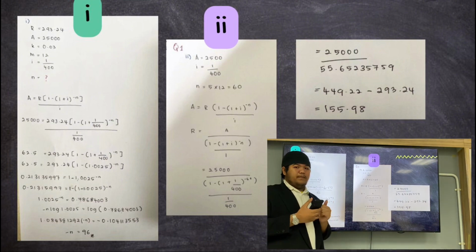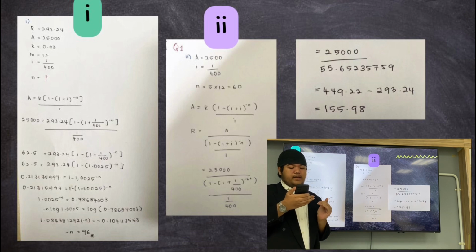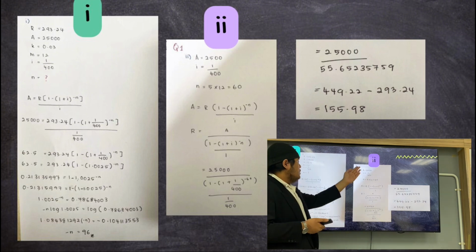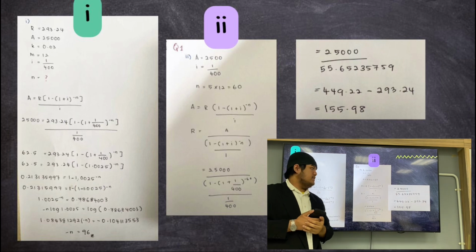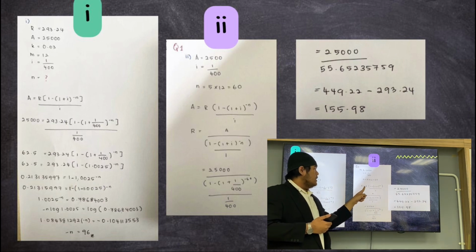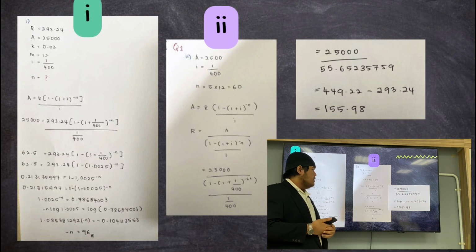So for the second Roman, the question asks us to find the additional amount that he needs to pay for monthly payment if he wants to settle the loan for 5 years only. So we need to list out the keyword that we have from the question, like question number 1, and we use formula A equal to R in bracket 1 minus 1 plus I, the power of negative n over I. So how we want to find the value of R?